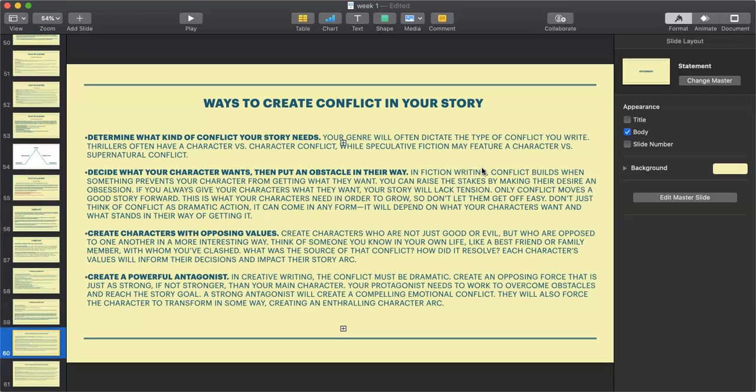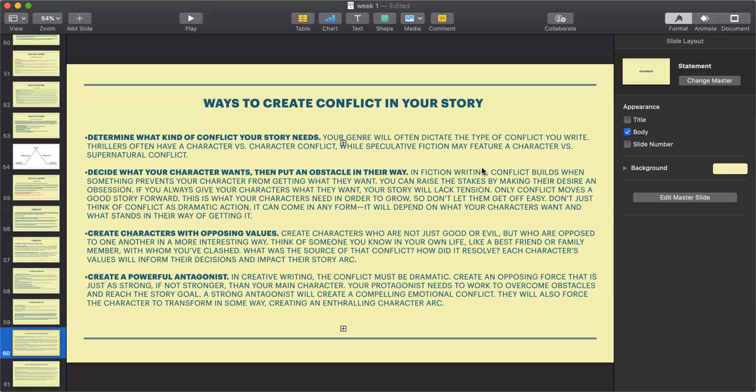Okay. So the fourth kind is to create a powerful antagonist. If the conflict is dramatic, you create an opposing force that is just as strong as your main character. Sometimes you can create, like in Avengers, we have seen Thanos, he is so powerful, right? All the characters just failed in the first part.